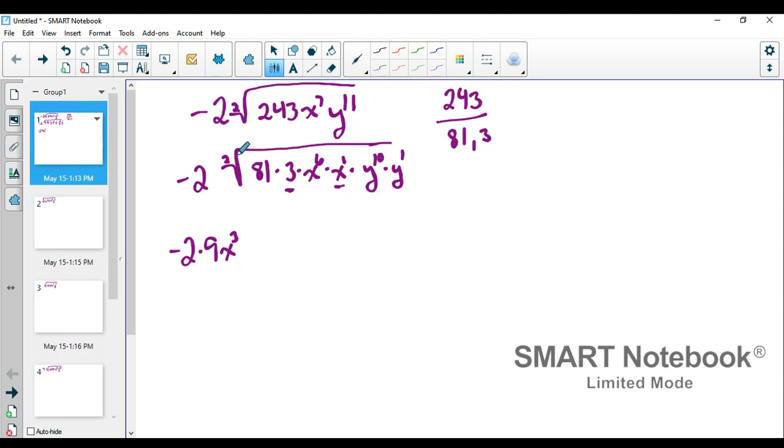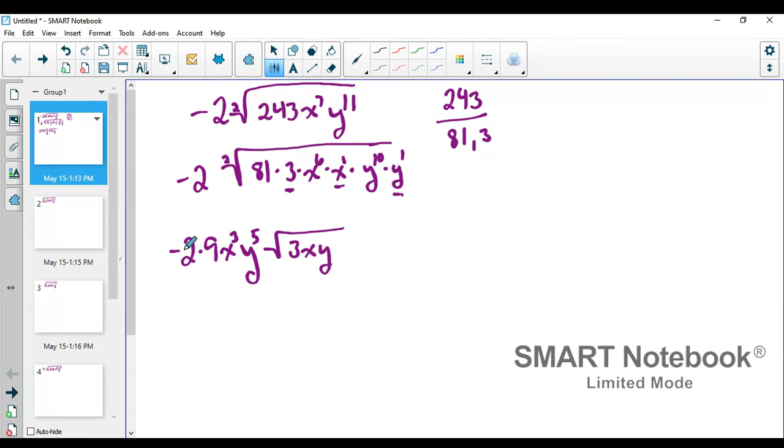And then 10 divided by 2 is 5. So then y to the 5th is outside the radical sign. And then 1 divided by 2 is not a whole number, so that's the other one that stays. So the 3, x to the 1st, and y to the 1st are left underneath the radical sign. So you have 3xy under there.